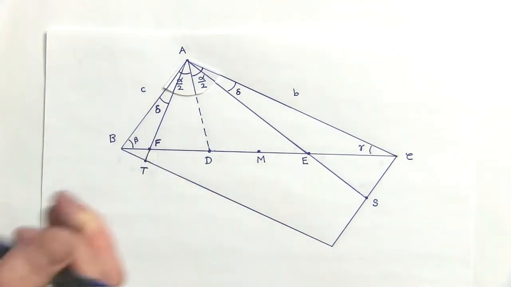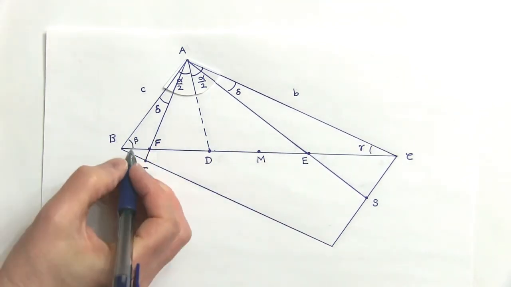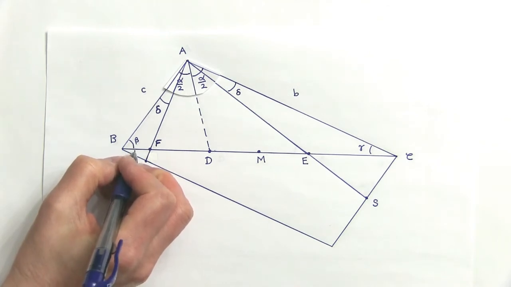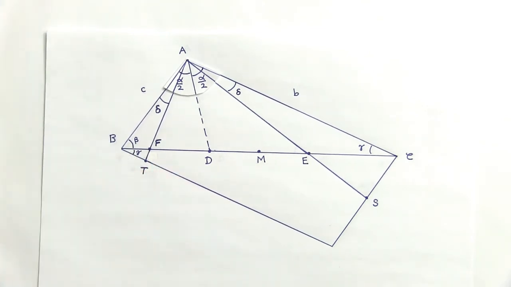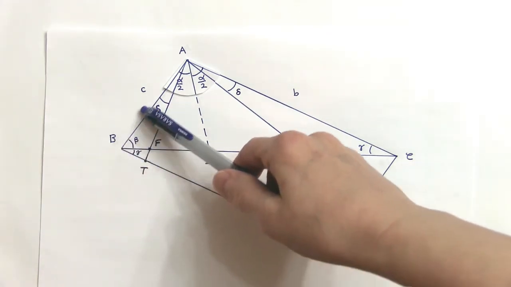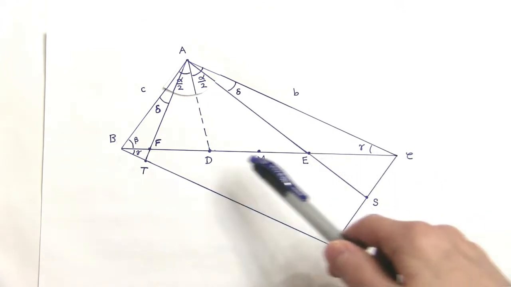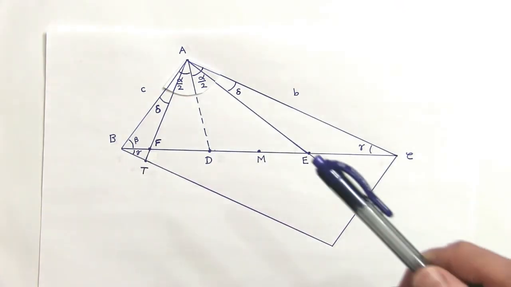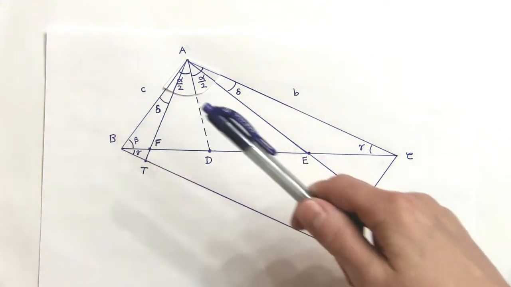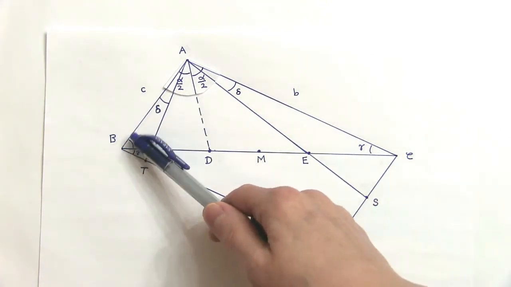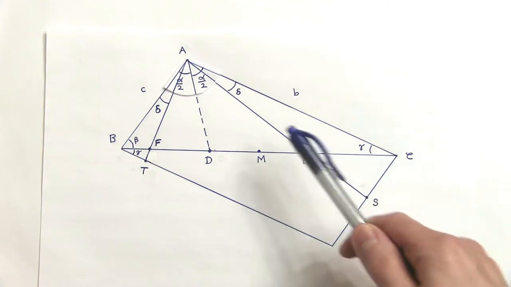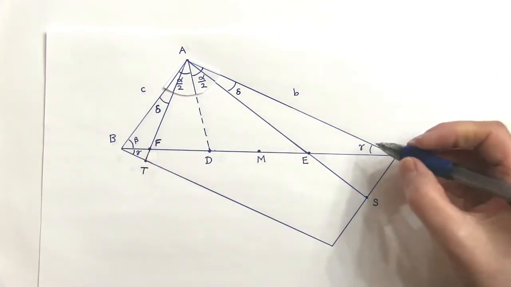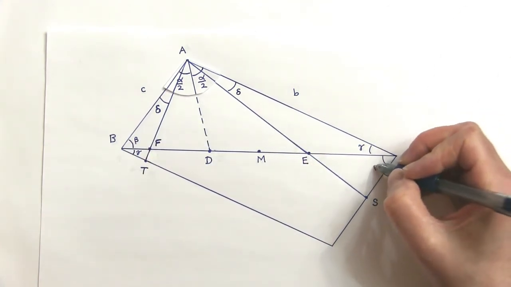So if this is gamma, that means that this is gamma right here. And we also have this pair of parallel lines here and this transversal. And so these alternating interior angles here must be the same. And so if this is beta, this is beta.